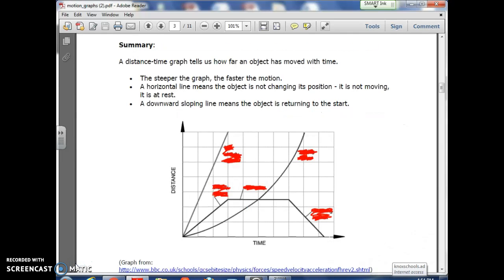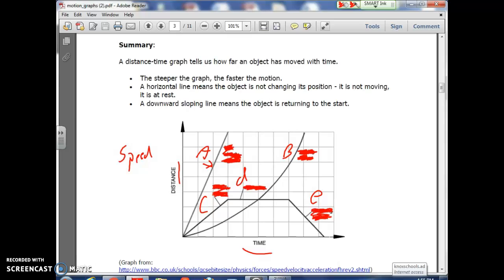So flip your page. You're going to look at a little summary here, make sure we understood our distance time graph. If we have distance and time on a graph, remember that tells us speed. On your graph, you've got some little lines there, some little arrows. I'll actually label these, maybe make it a little easier.